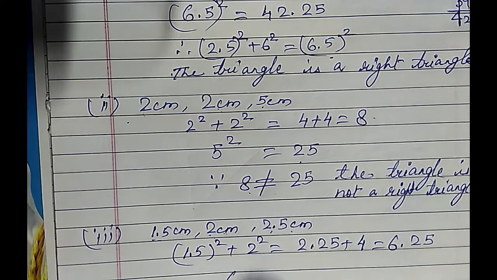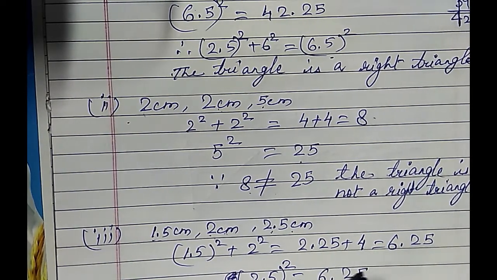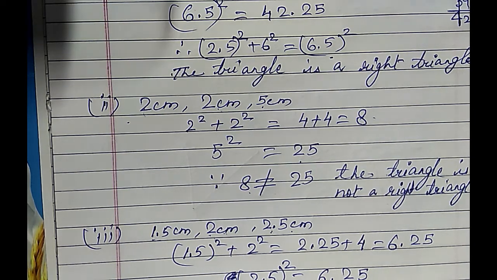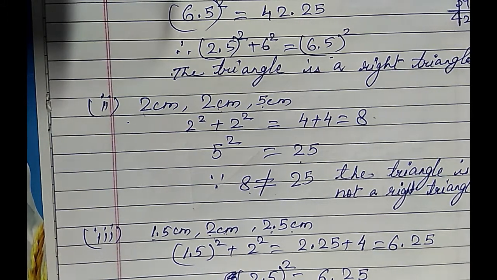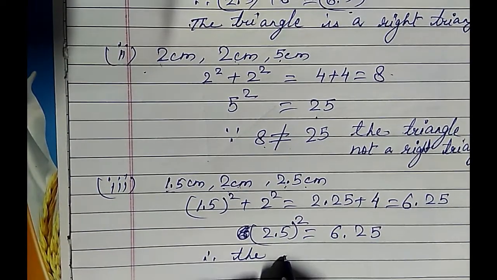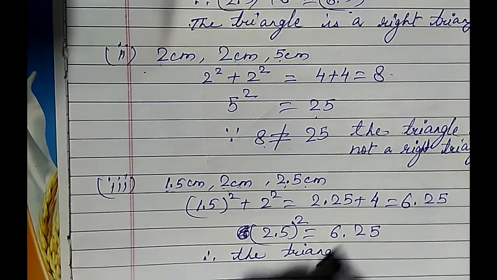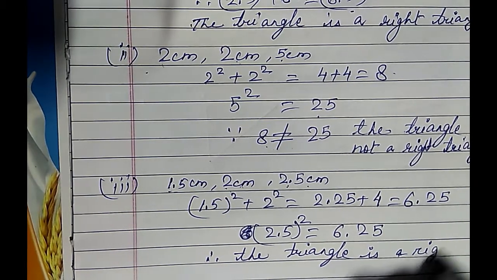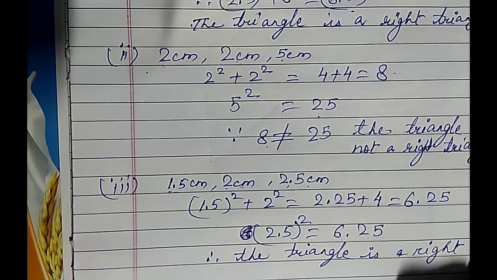If I find the square of the hypotenuse, 2.5 का square is equal to 6.25. So we get, therefore the triangle is a right triangle.